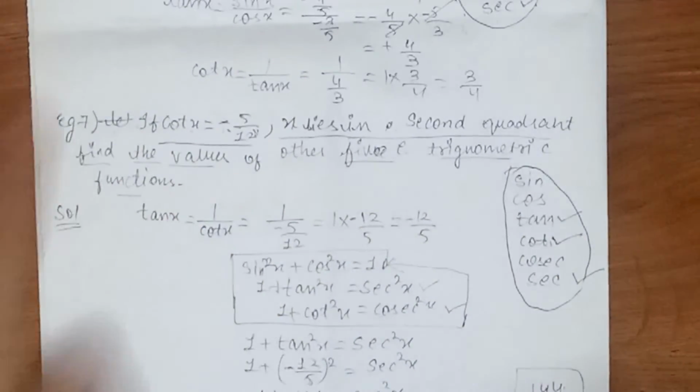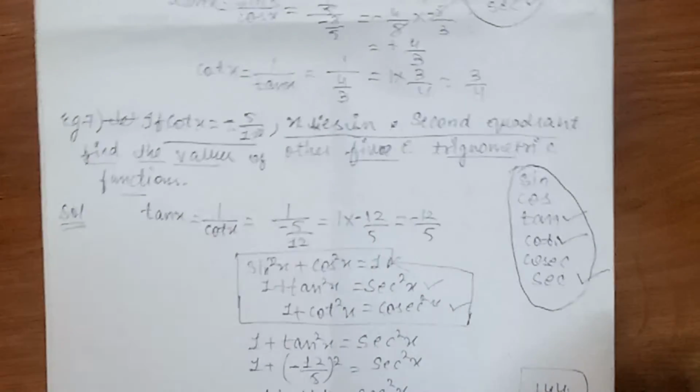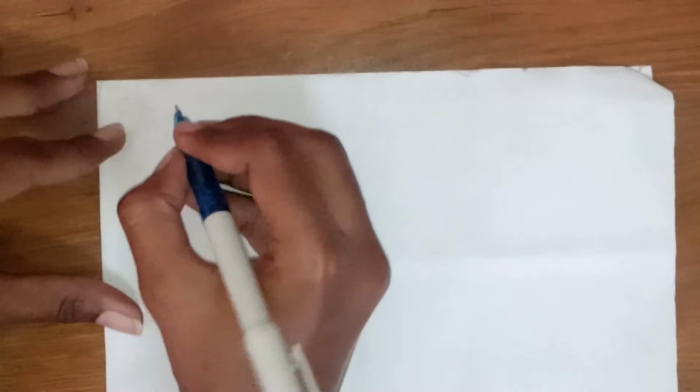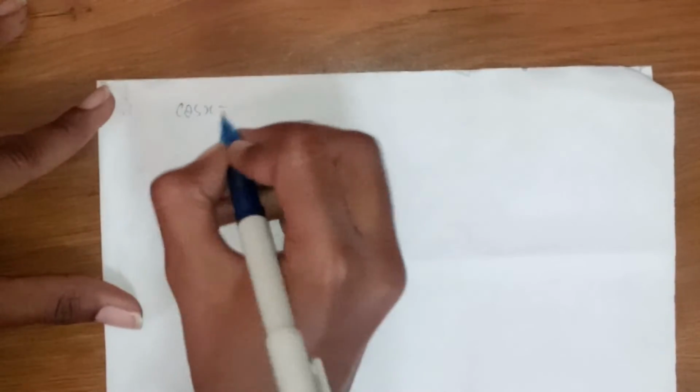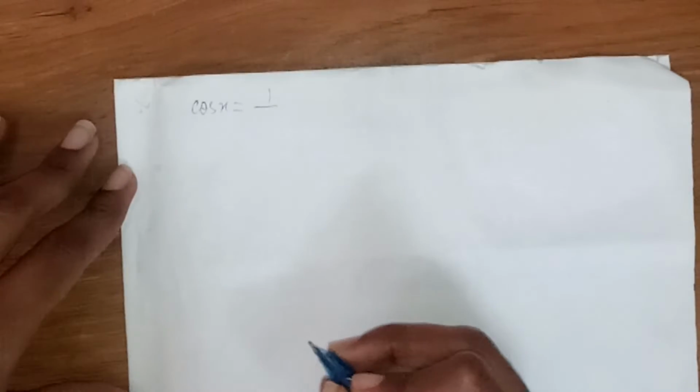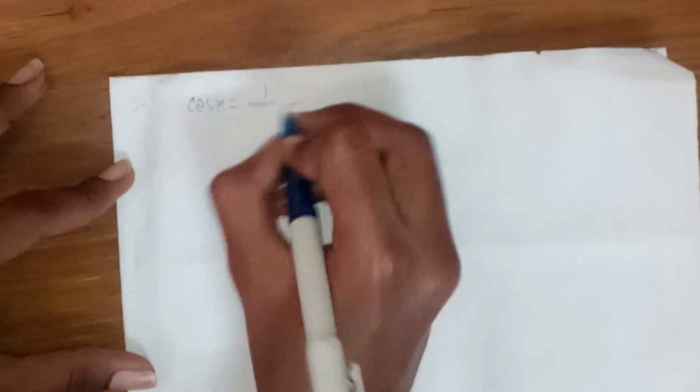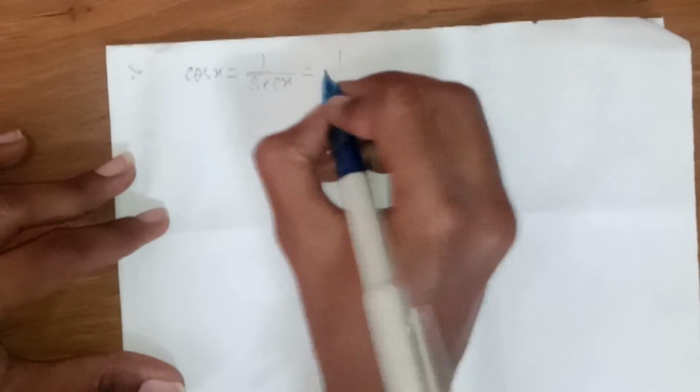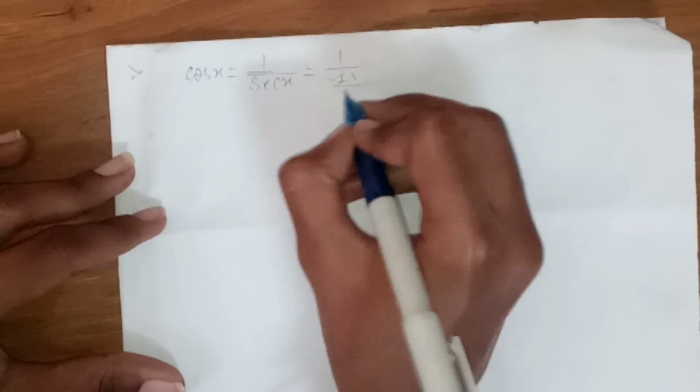So we got the value of secant x. When we get the value of secant, we automatically find the value of cos also. So cos x is equal to 1 by secant x. What is the value of secant x we got over here? We got minus 13 by 5.